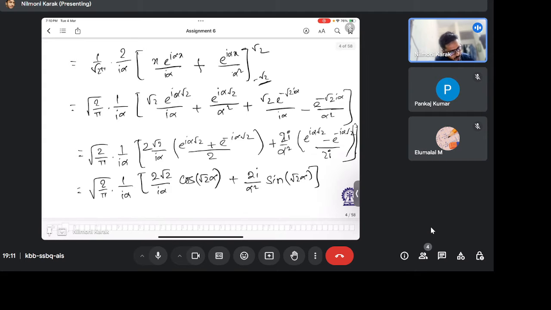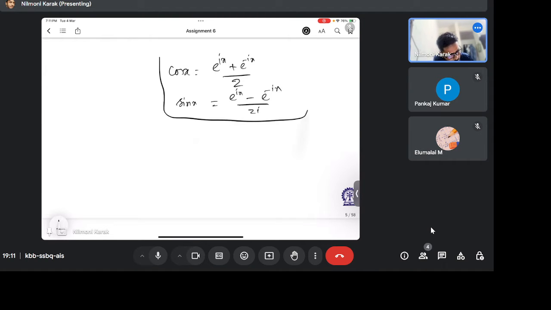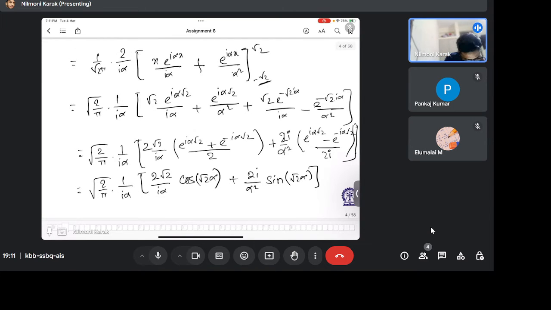Let me write it: cos x equals e to the power ix plus e to the power minus ix by 2, and sin x equals e to the power ix minus e to the power minus ix by 2i. These two formulas we are using. This is very simple because you know cos x plus i sin x. So finally you are getting this.